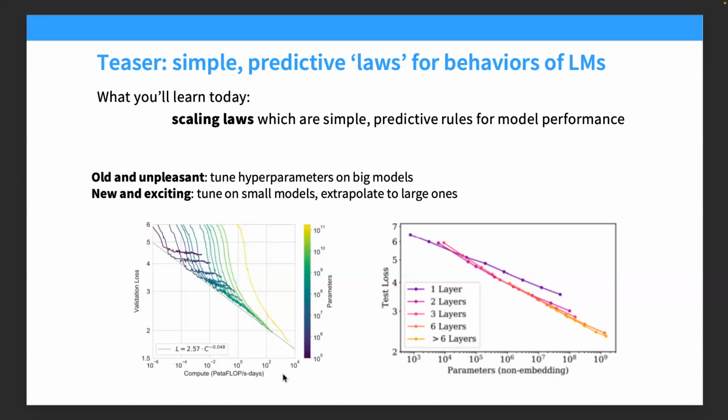So here is an example. For example, you want to estimate the model performance, either validation loss or test loss, versus the computing resource. Usually the more computing resource, the larger the model you can run, or the larger the data sets, or you can even train one model for more steps.